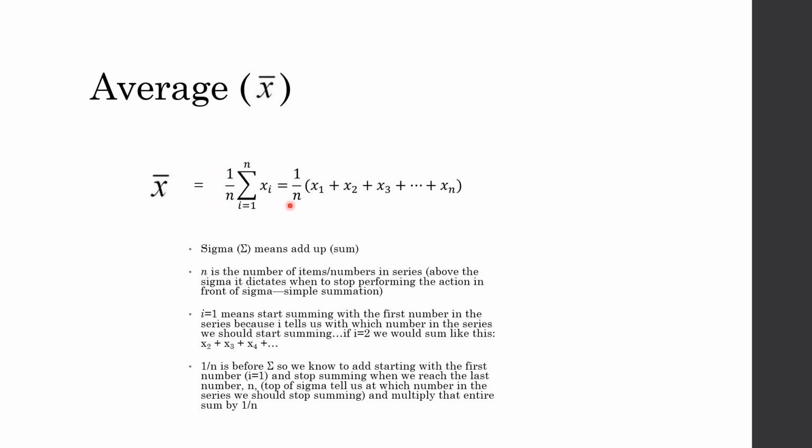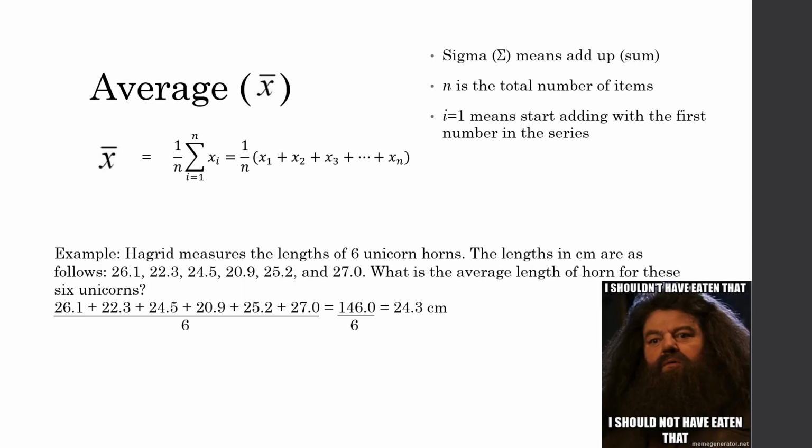Okay? So you can see over here, if we expand that, that means we have 1 over n times x1 plus x2 plus x3, and then whatever numbers are in between, all the way out to our last number, xn. Okay? Yes, I am aware that this is a really complicated way to illustrate a very simple concept, but this is how mathematicians do. So now we're going to go over a quick example of how you would calculate average.